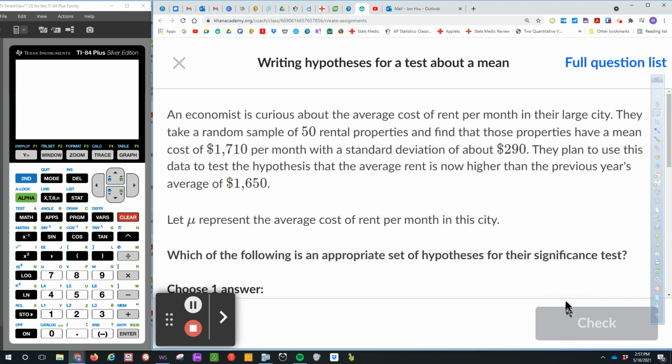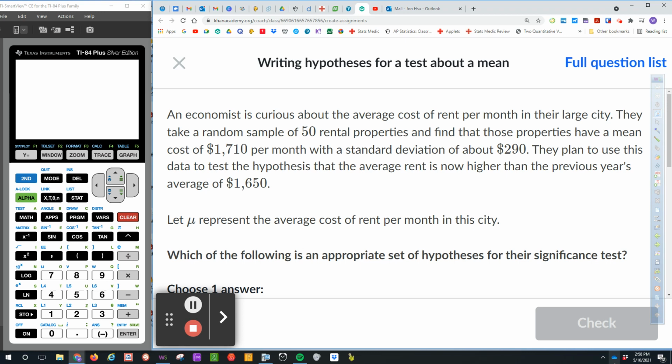So, next question. An economist is curious about the average cost of rent per month in their large city. They take a random sample of 50 rental properties and find that those properties have a mean of 1,710 per month with a standard deviation of about 290.